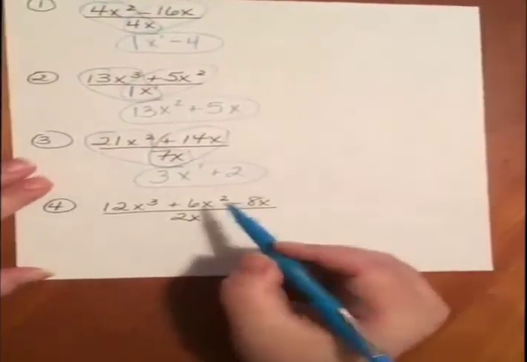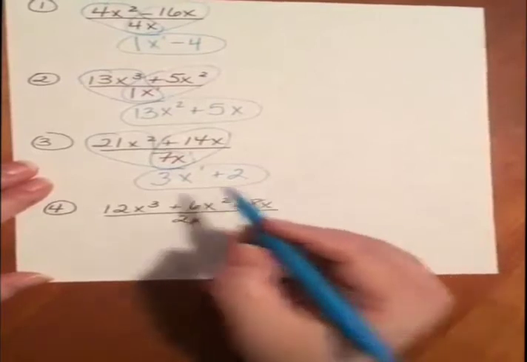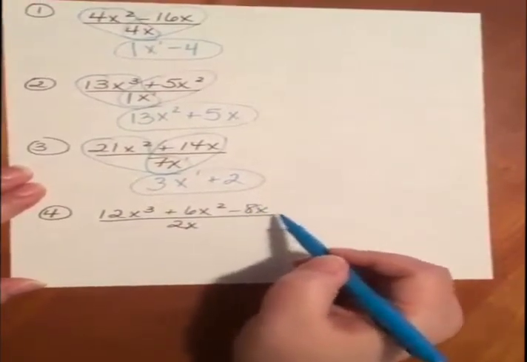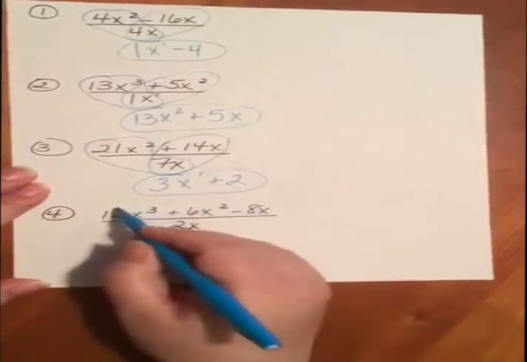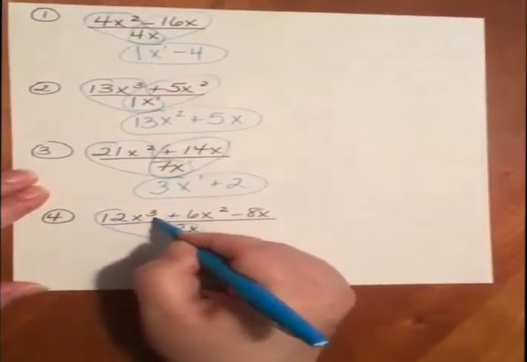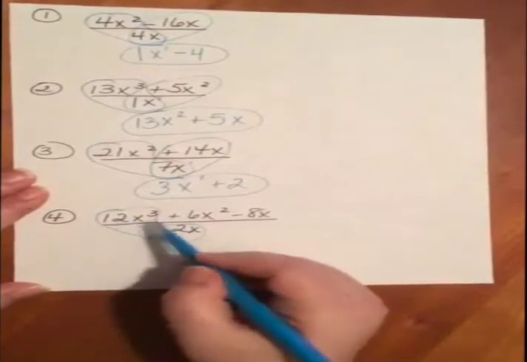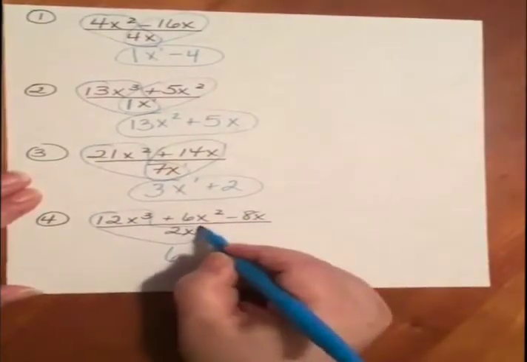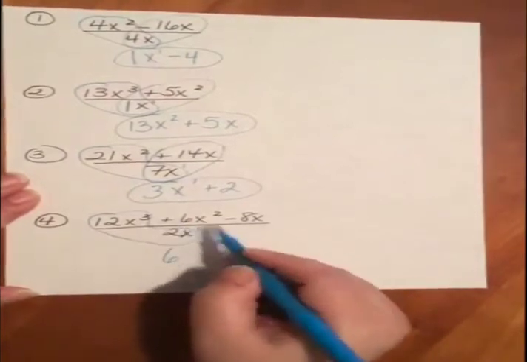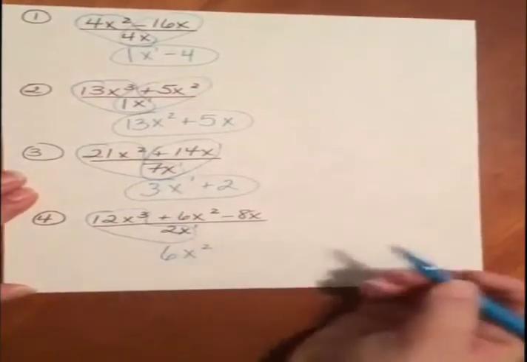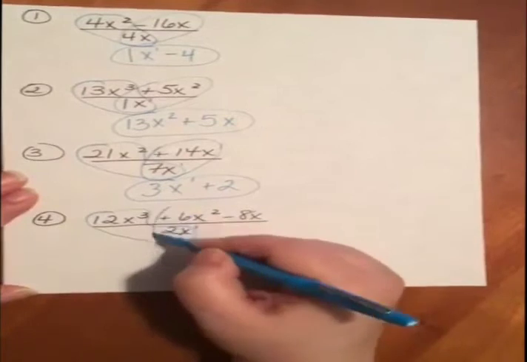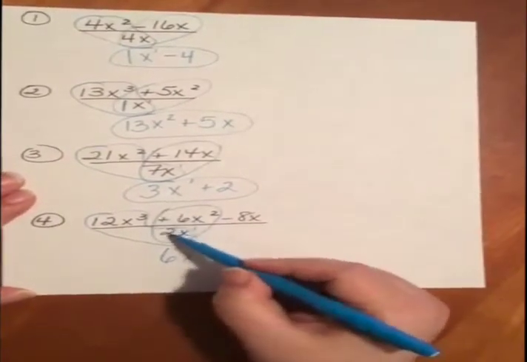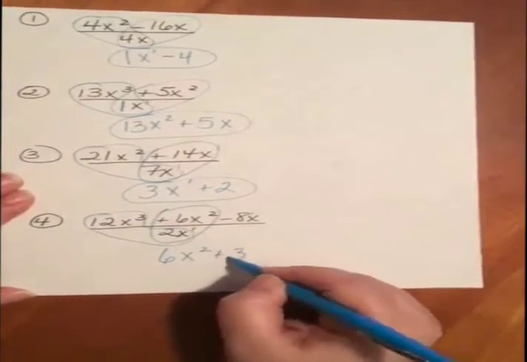And then for the fourth practice problem in that section, 12x to the third plus 6x squared minus 8x all divided by 2x. Take the 12x cubed divided by 2x. 12 divided by 2 is 6. There are 3 x's on top, 1 on the bottom, so 3 minus 1 is x to the second. Take that middle term and divide it also by 2x, so a positive 6 divided by 2 is a positive 3.